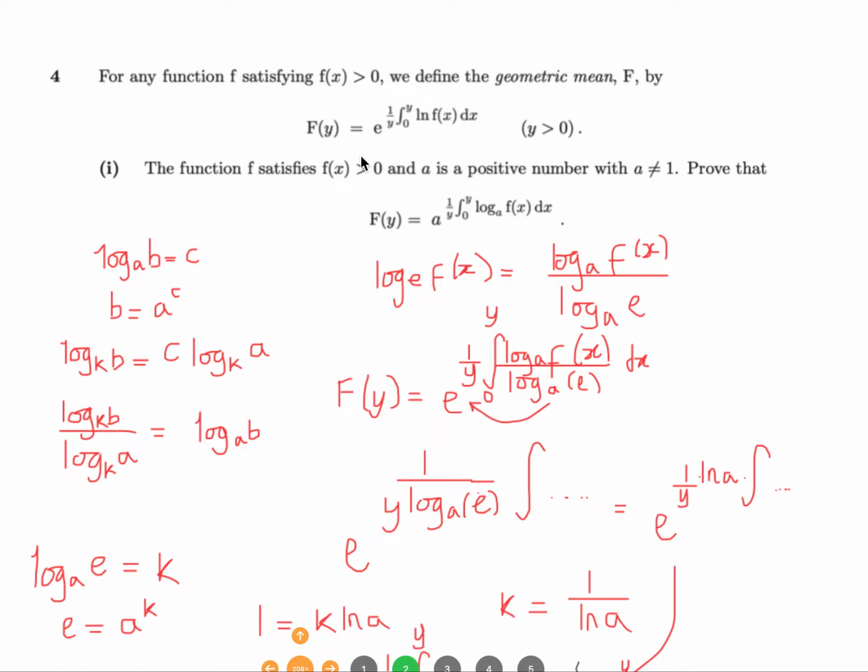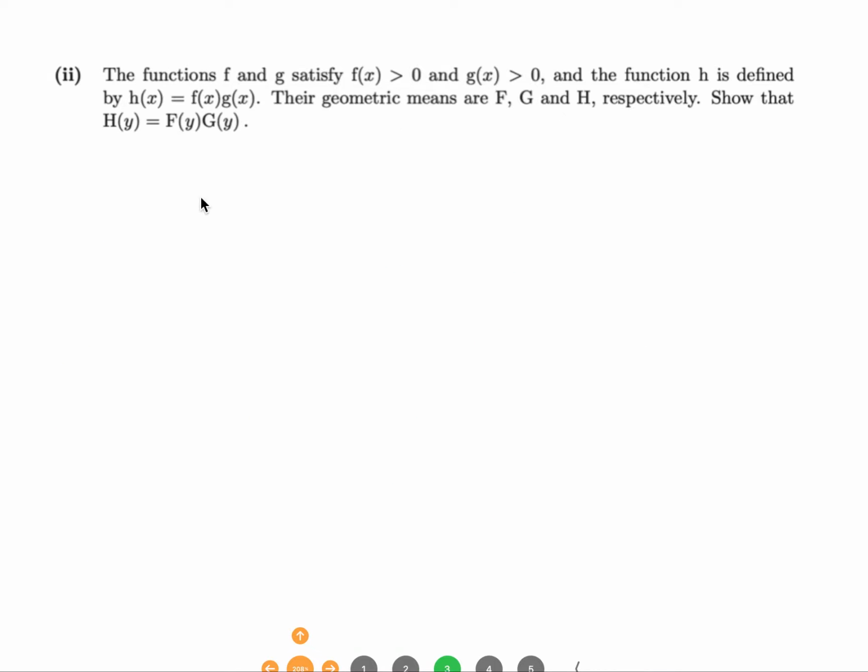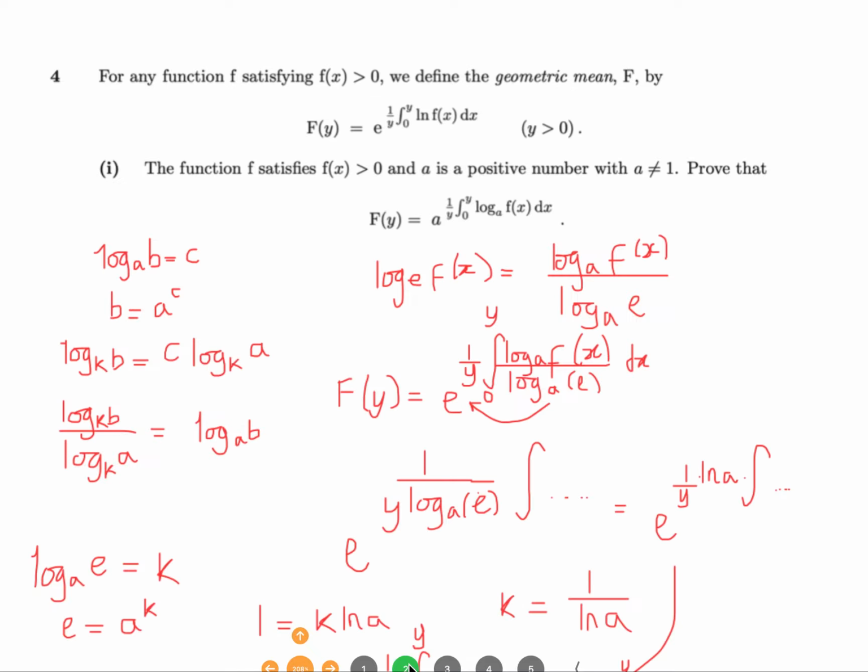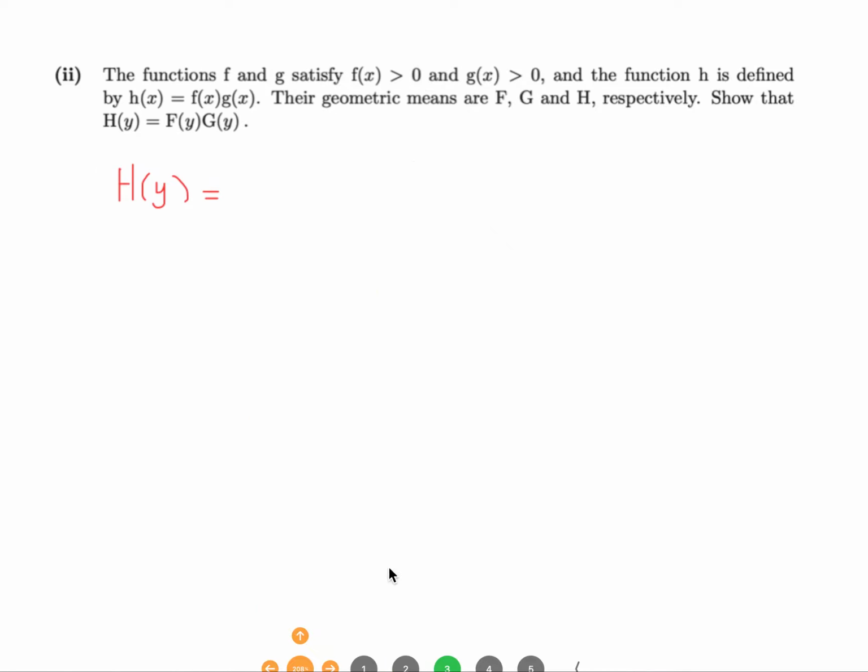So h of y is going to equal e to the power of 1 over y times the integral between 0 and y of ln of h of x. Well, h of x is f of x, g of x.